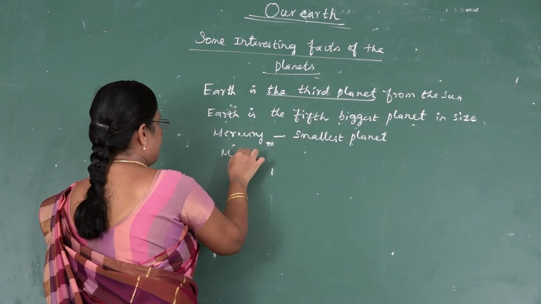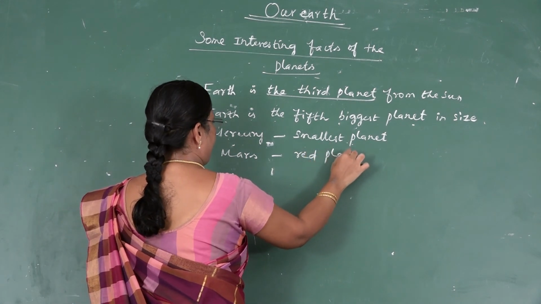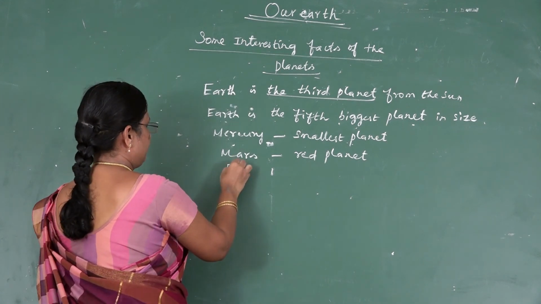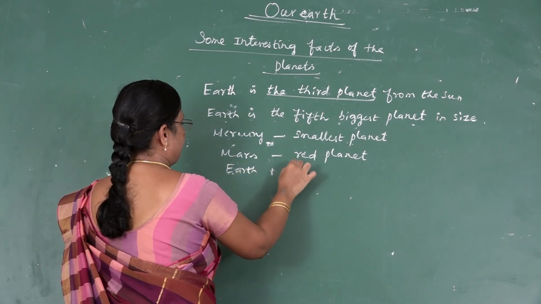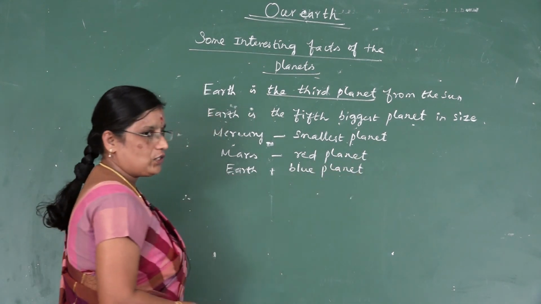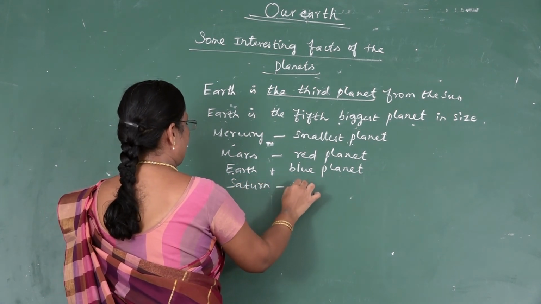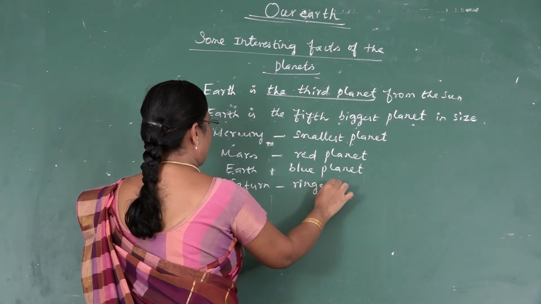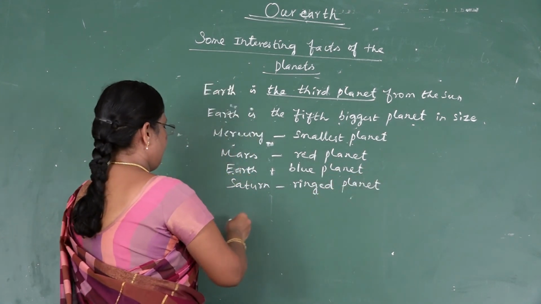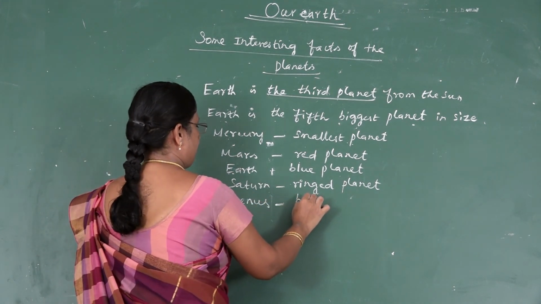Mars is a red planet. Earth is called blue planet. Saturn is called ringed planet. Venus is called hot planet.